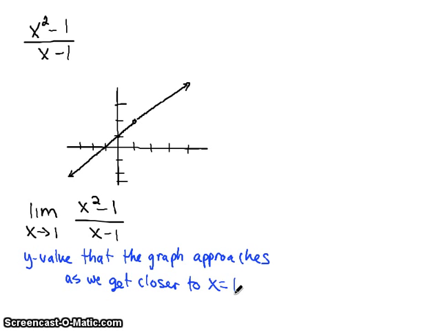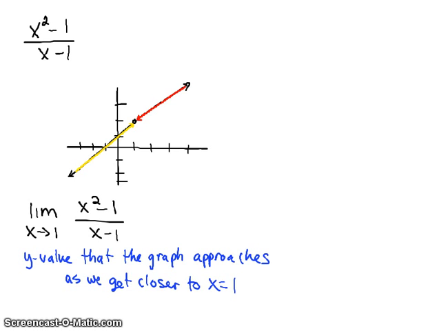So if we look at this graph coming in from the left-hand side, it appears that I'm going to the value of 2. If we come in from the right-hand side, it also appears as if we're going to the y value of 2.